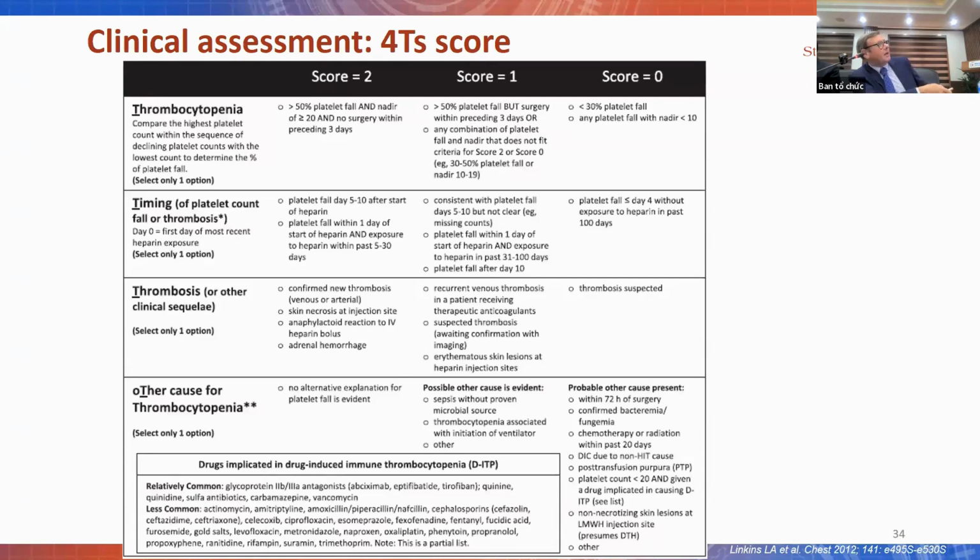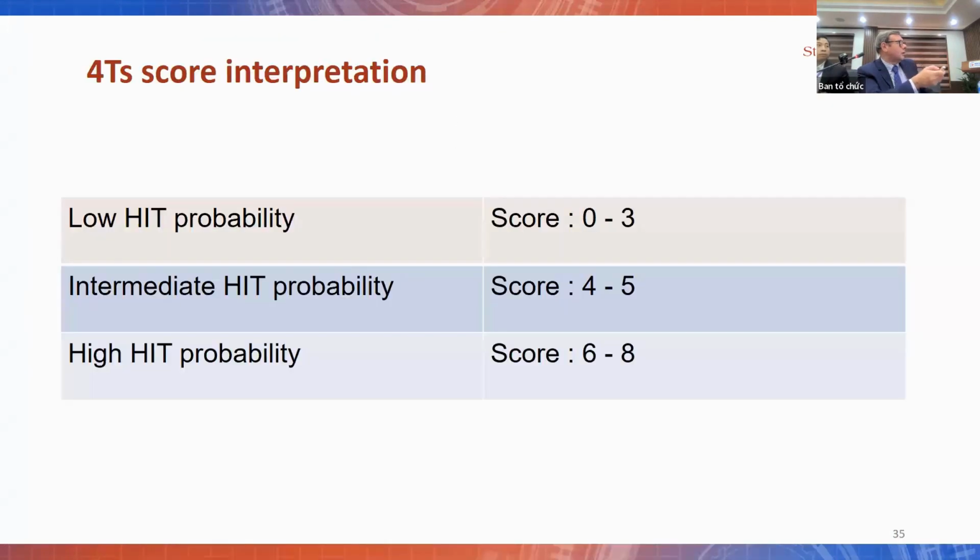And the 4Ts relate to the thrombocytopenia, the timing of platelet count fall or thrombosis, the thrombosis or other clinical sequelae, or other causes for thrombocytopenia. And according to the description that you have here, you can score your patients with points, and then you come to a score.